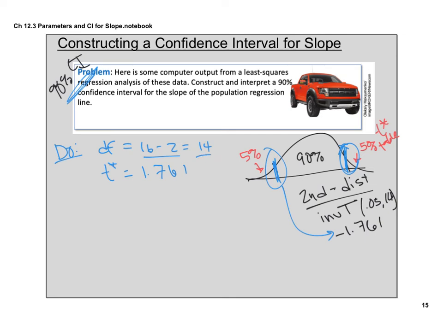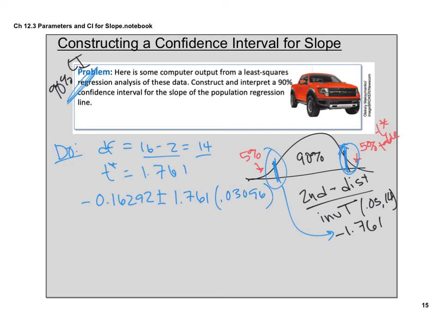You have the slope that was given to you, the sampling distribution slope from that computer output, plus or minus the T star of 1.761 times the standard error value, which was also given to you from the computer output. So 0.03096.